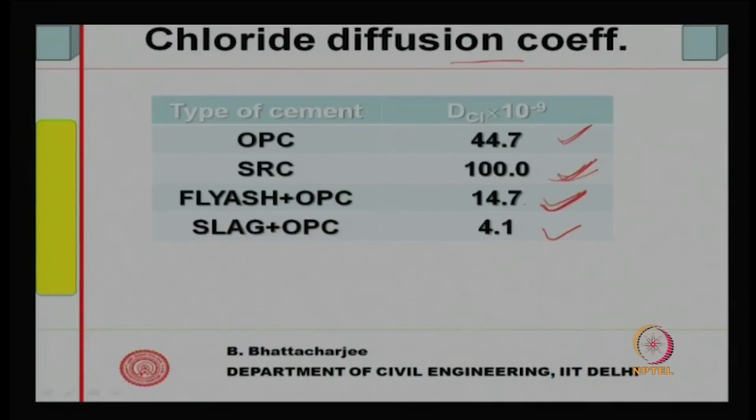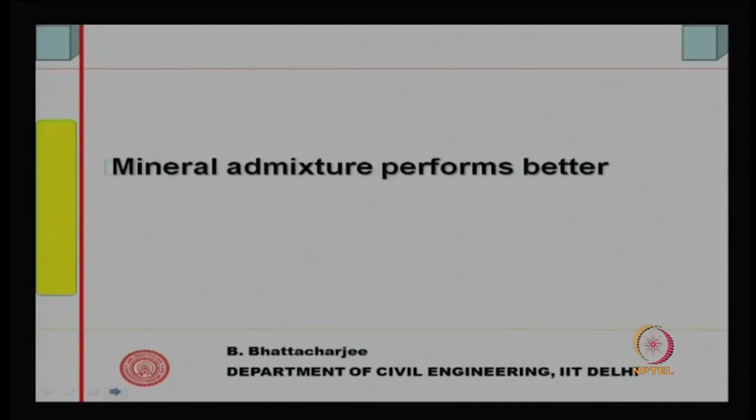The penetration process becomes less. Slag and fly ash may be able to physically bind some chloride, but more importantly they make the concrete more impervious. Therefore, fly ash and OPC, slag and OPC, the mineral admixture additions, perform better as far as chloride diffusion coefficient is concerned.